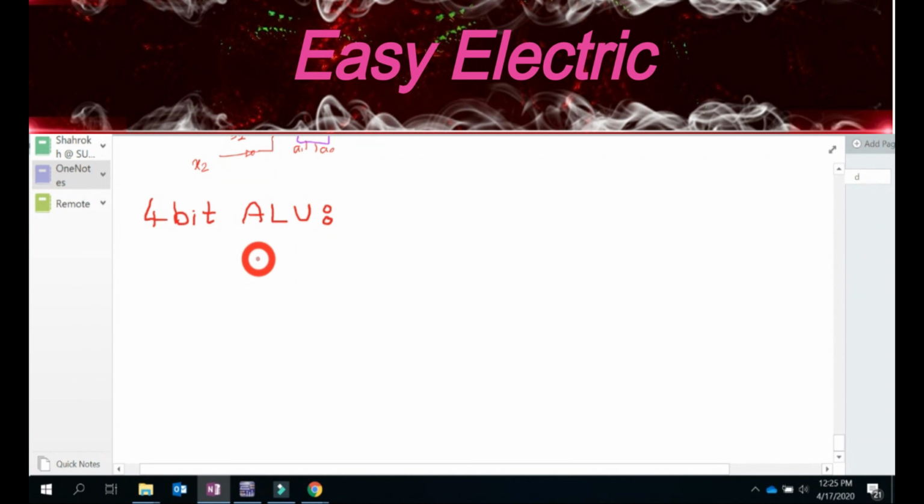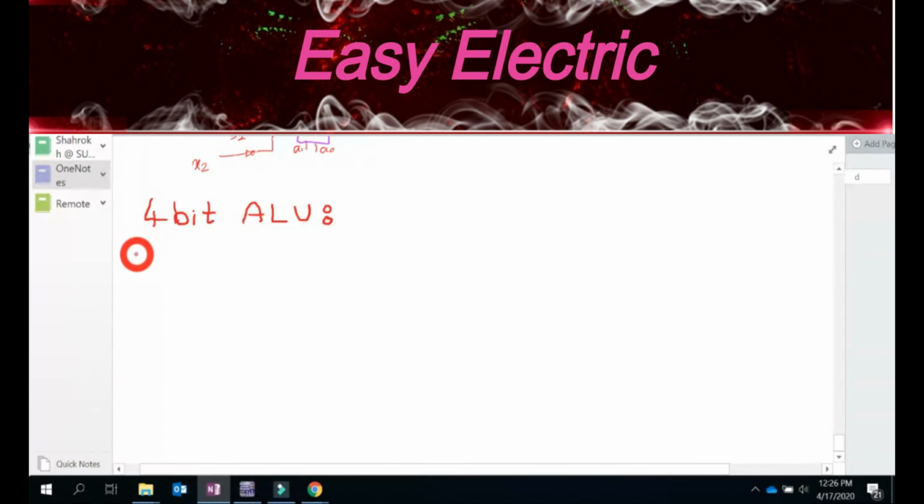Whatever we are designing is a very simple version of that. The ALU stands for arithmetic logic unit. That means inside this module you are able to do all arithmetic operations and also the logic operations. So we want to design a very simple ALU.